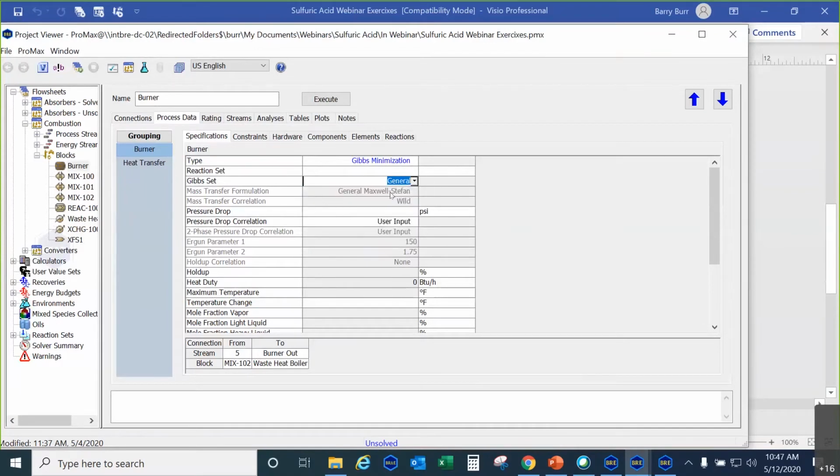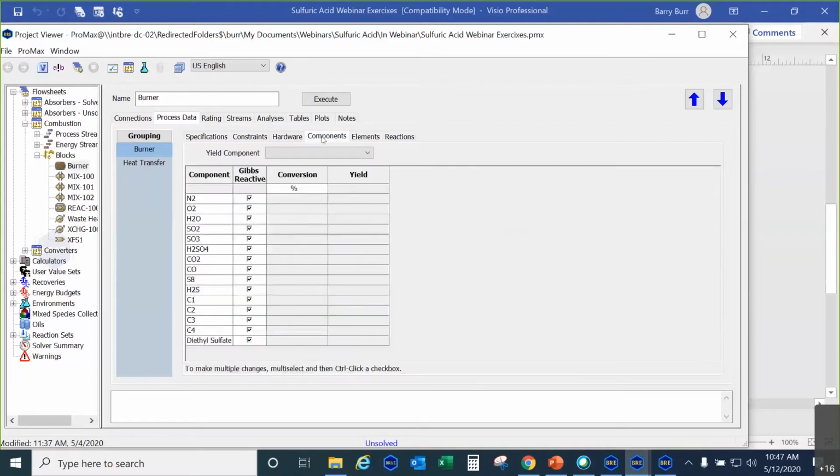And in this case, we have so much oxygen that all of the species that can oxidize are going to oxidize. We have excess oxygen. So we're going to just choose this general Gibbs set, and we're going to let all of the components be allowed to participate in the Gibbs minimization reaction.